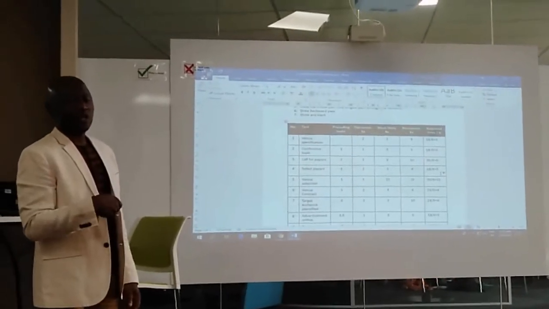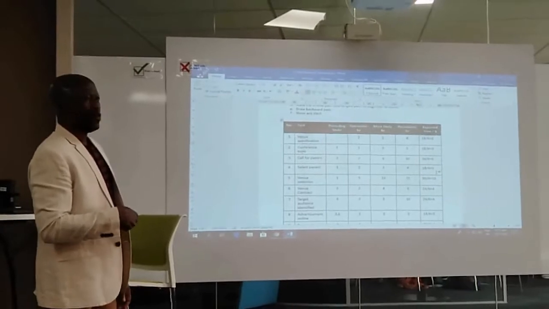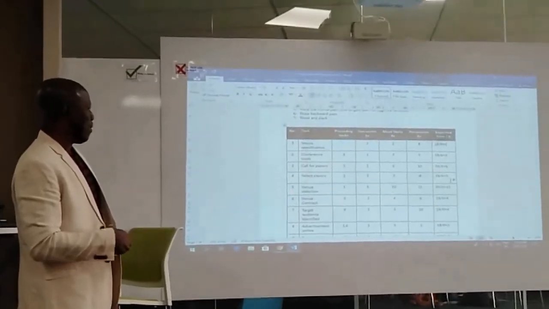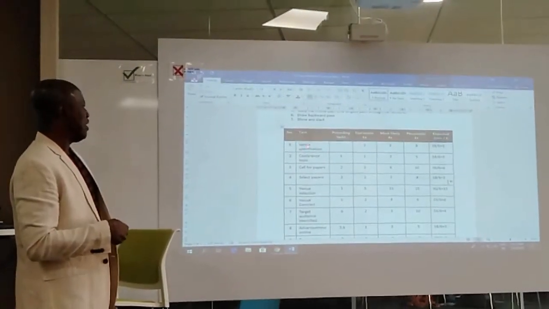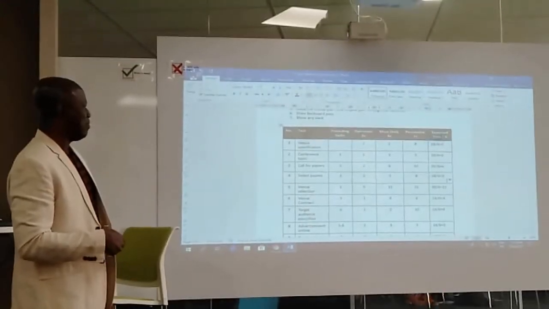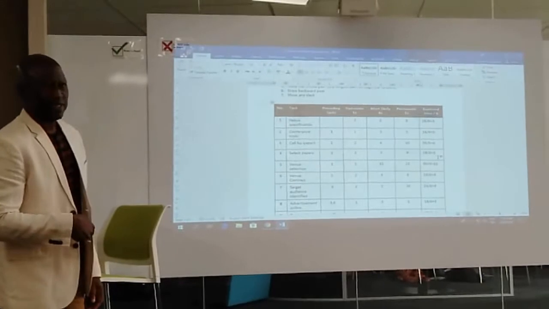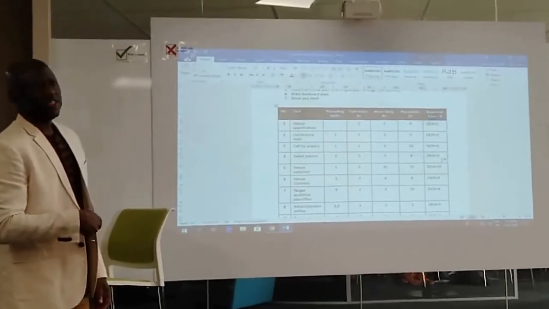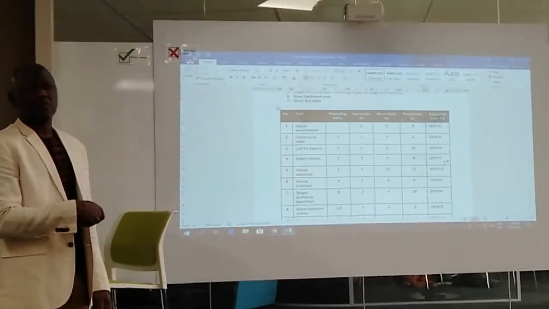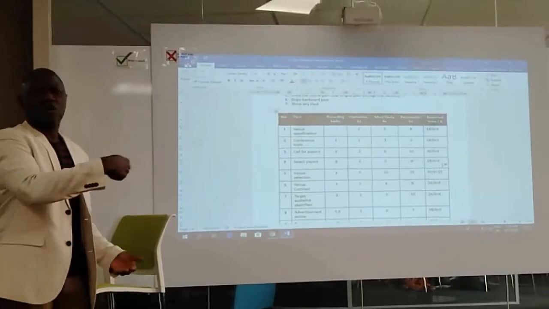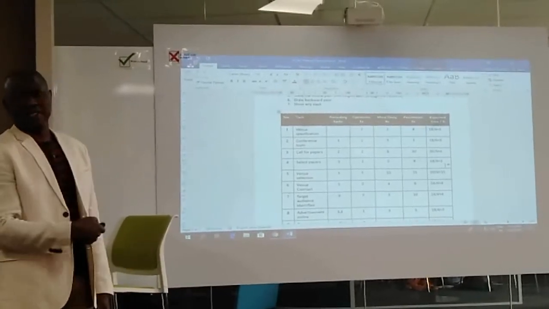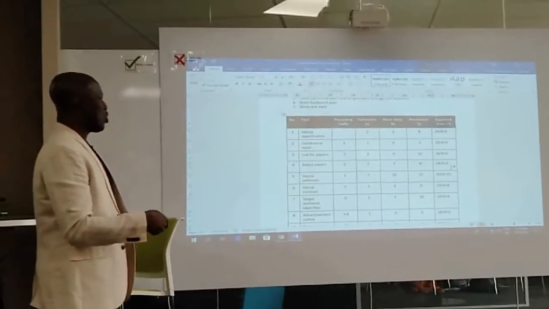Like we said yesterday, each task you have, you must dedicate them by numbers, and you must be able to identify the task by name, and you must be able to identify the preceding task. If you don't identify the preceding task, it's going to be difficult for you to have your critical path identified.